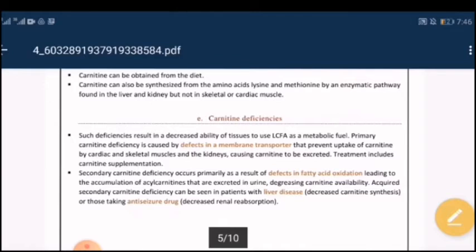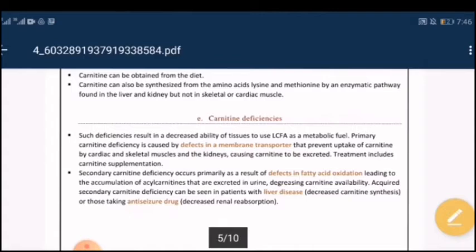As with any enzyme or carrier in our body, deficiencies may occur. Any deficiency in carnitine leads to a decreased ability to use our long-chain fatty acids as metabolic fuel. Primary carnitine deficiency is caused by defects in a membrane transporter that prevent uptake of carnitine by cardiac or skeletal muscles and kidneys.